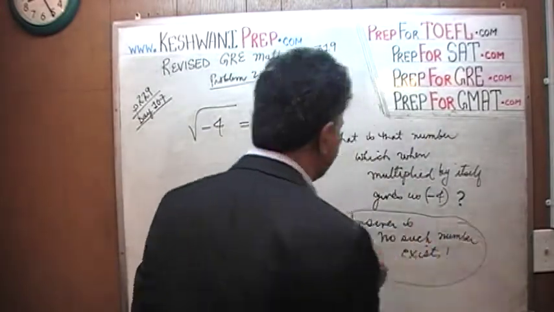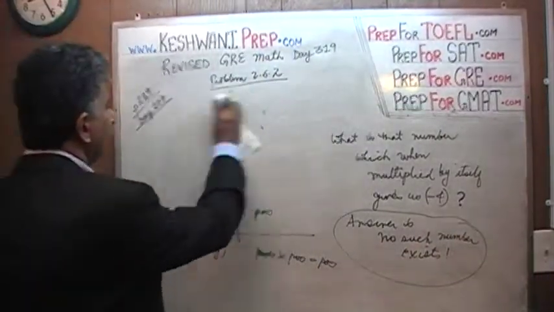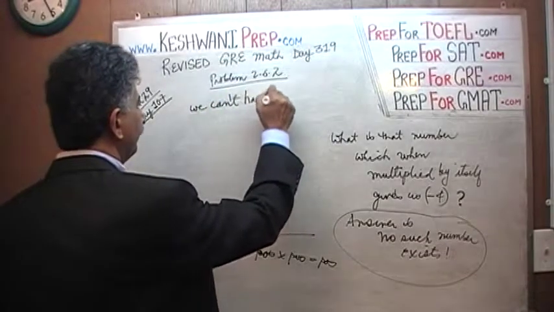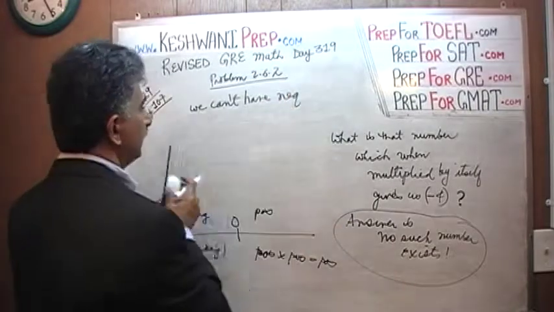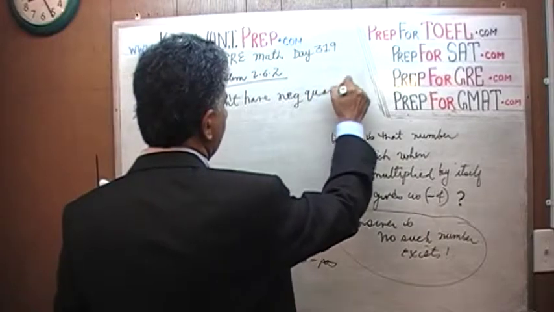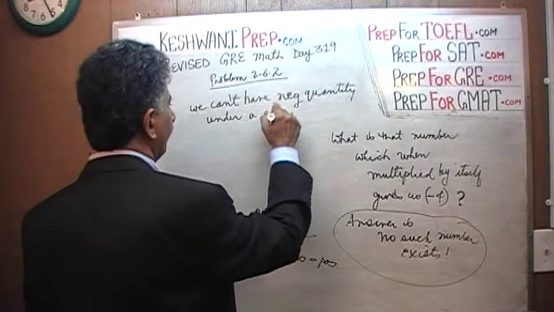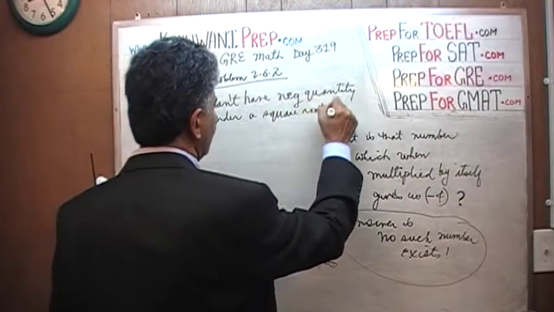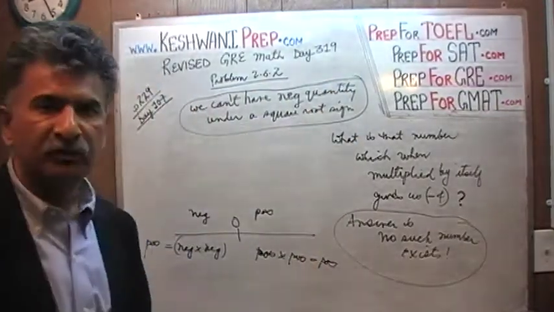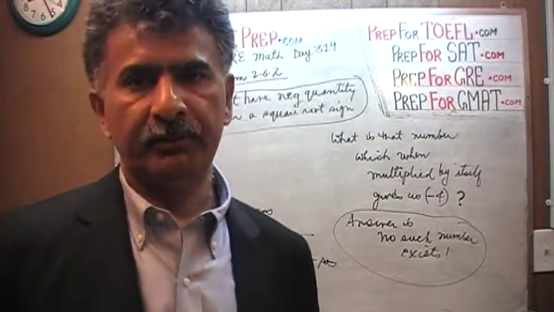In other words, we can't have a negative quantity under a square root sign, because it is not possible to take a square root of a negative number.